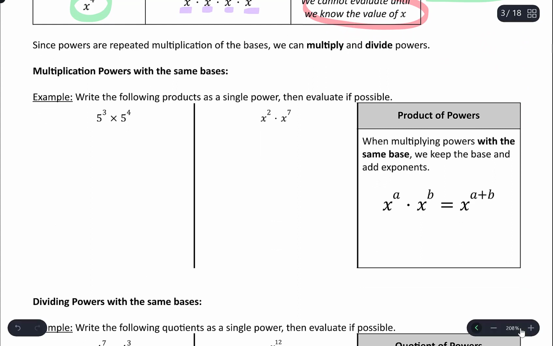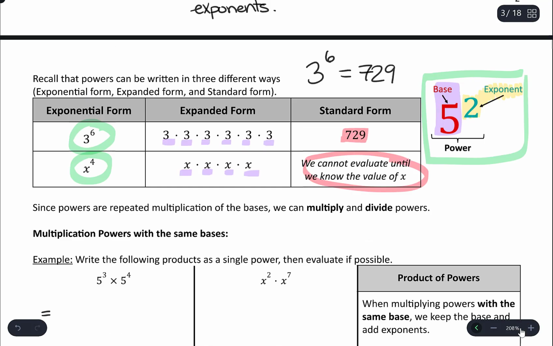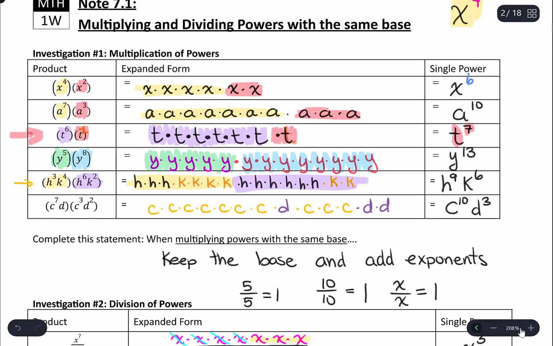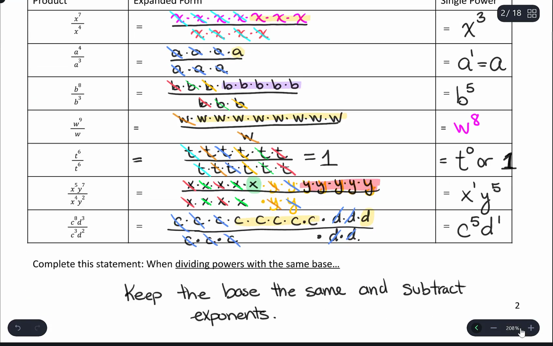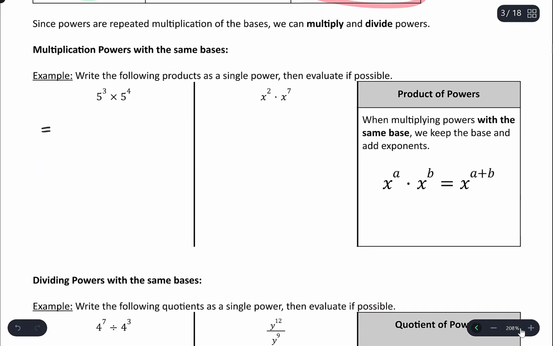Okay, so we've already seen the multiplication one. So if I was going to write out 5 to the exponent 3 multiplied by 5 to the exponent 4, we saw that there was a shortcut to this when we're multiplying powers. We said, keep the base the same and add the exponents. Okay, so I see the base here is 5 in both of my powers.